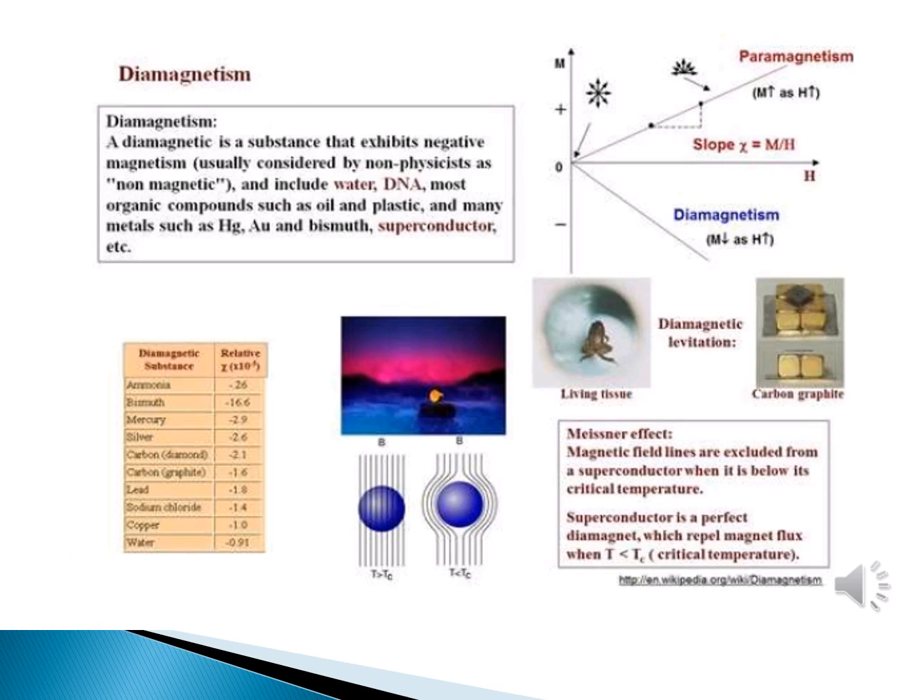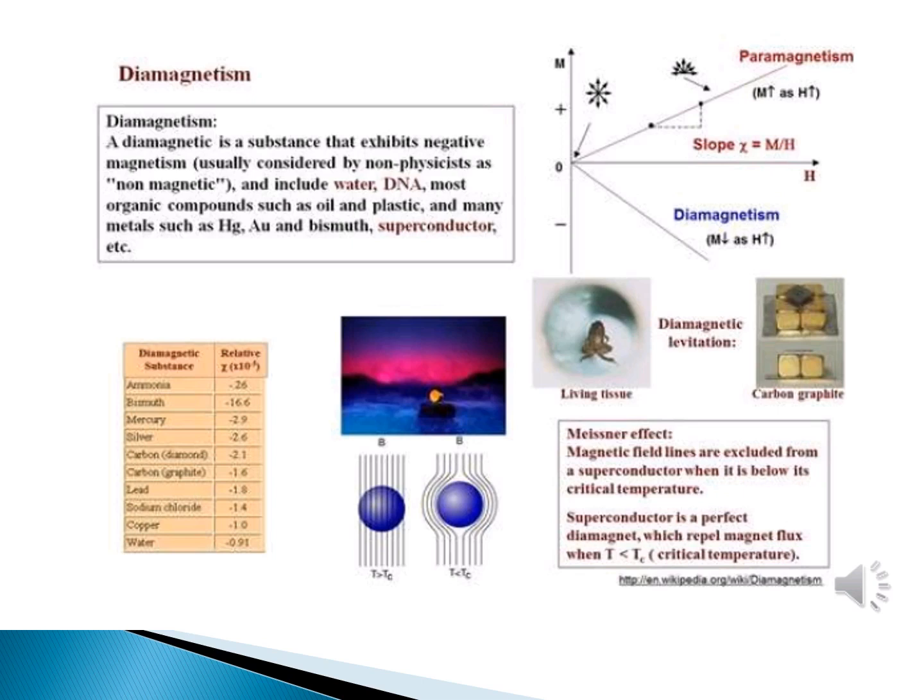A diamagnetic is a substance that exhibits negative magnetism, usually considered by non-physicists as non-magnetic, and includes water, DNA, most organic compounds such as oil and plastic, and many metals such as mercury, gold, and bismuth, and superconductors.